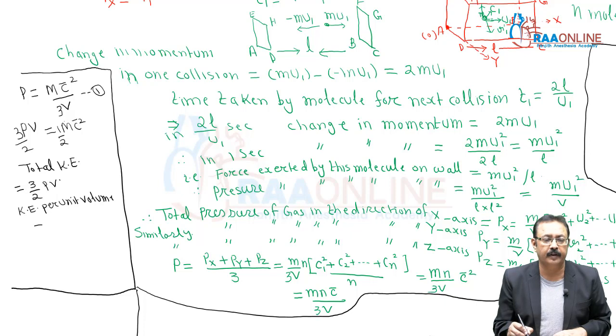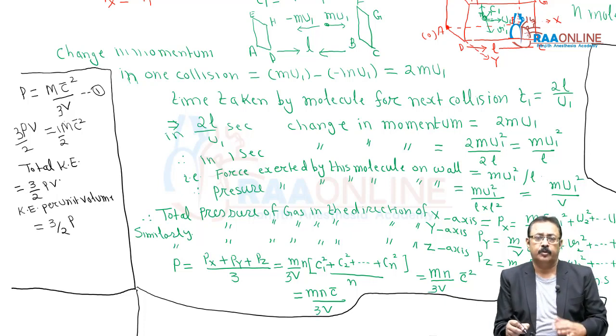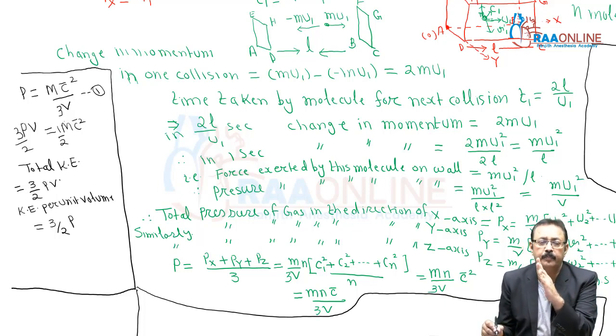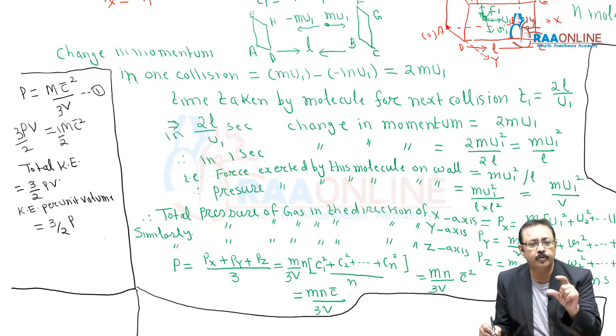In place of volume put 1. It means what you need to answer the kinetic energy per unit volume is only pressure. So they can ask, tell us the kinetic energy of gas at this pressure per unit volume. So take 3 by 2 of P, you will get that.